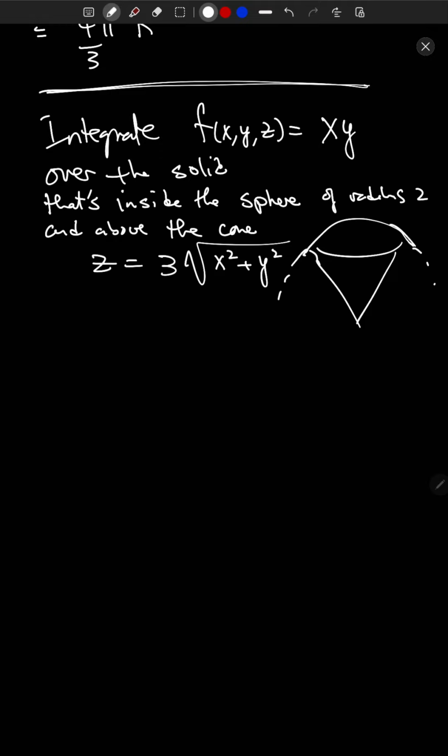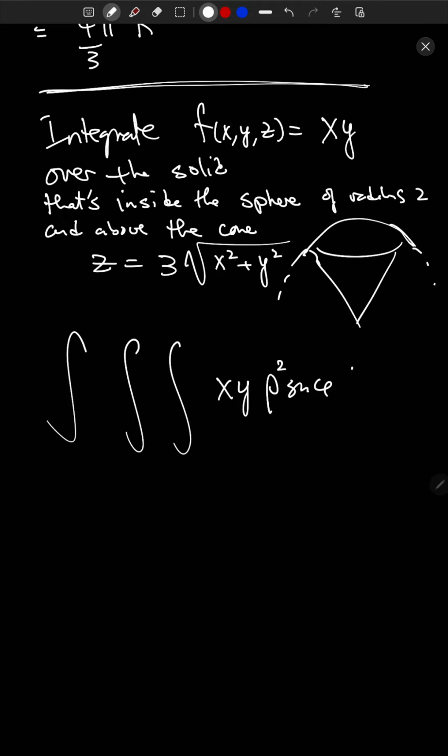Okay, so this is perfectly suited to integration using spherical coordinates, at least in terms of the limits of integration. If we do xy rho squared sine phi, let's do d rho first. So the d rho integral is rays through the origin. So we can see we start a ray here, and we always come out until we hit the sphere.